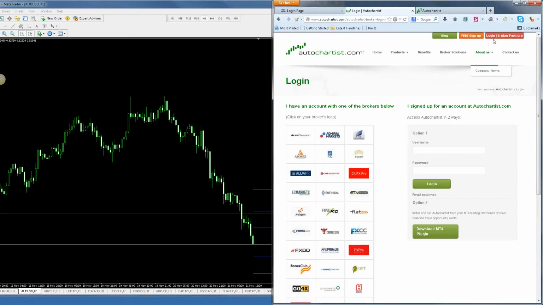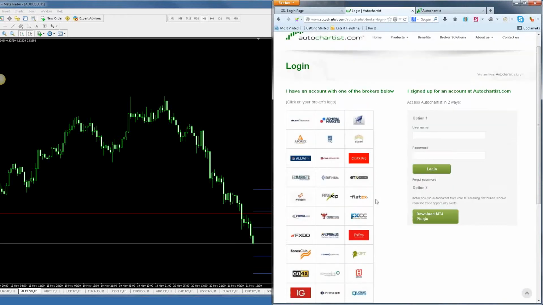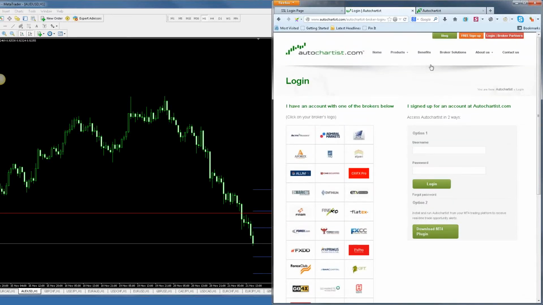top, you'll see here that we've got a whole list of broker partners. A lot of you probably signed up through the website for a trial period. That trial period is 14 days long, and when it ends, you are not going to have access to Autochartist anymore through that trial period.